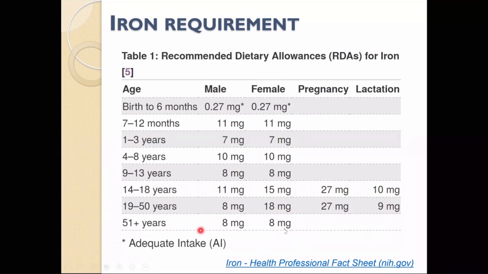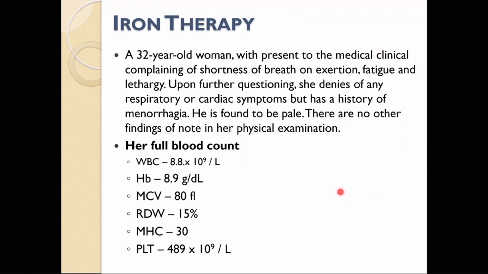And after menopause, again, it becomes equal among males and females, 8 milligrams per day. But in pregnancy, this amount almost doubles and becomes about 27 milligrams, and in lactation, again, it's about half. Okay, so we'll start off to talk about iron therapy. We'll start off with a case study.